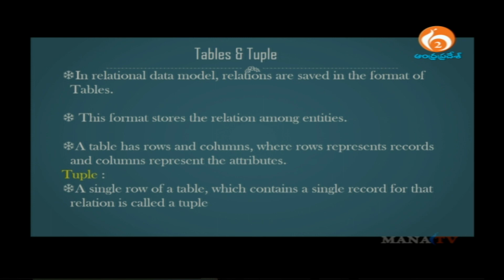Nothing but rows represent records, columns represent attributes. Alright. Next, what is the meaning of tuple here? A single row of a table which contains a single record. For that relation we usually call it a tuple. Please note down the points displayed on your screen.